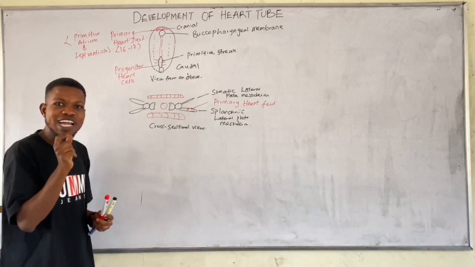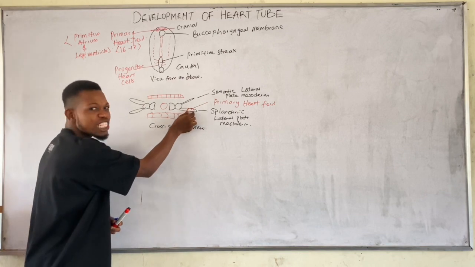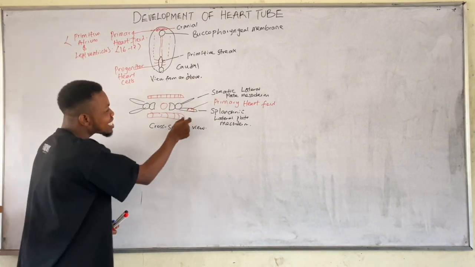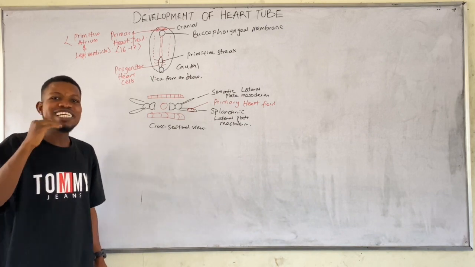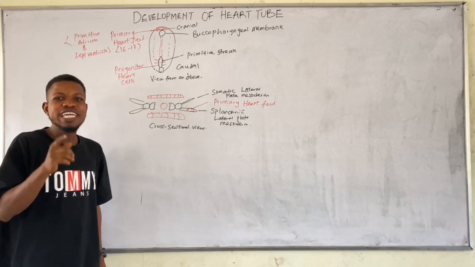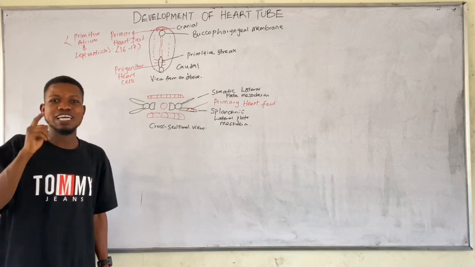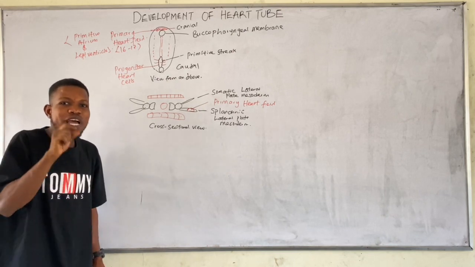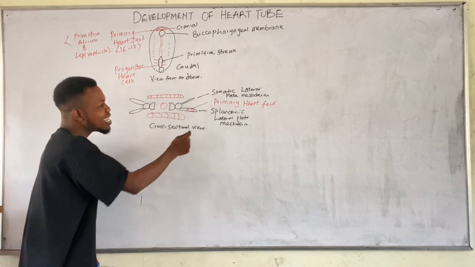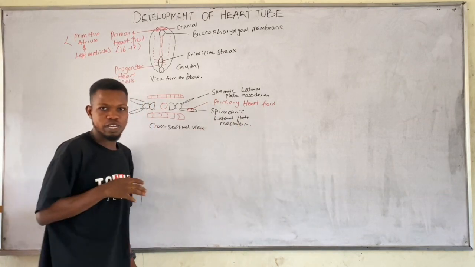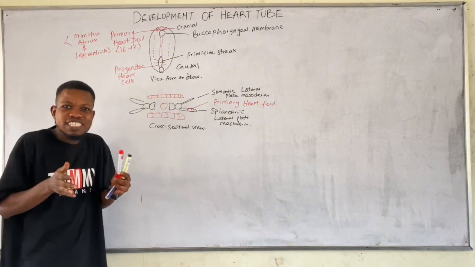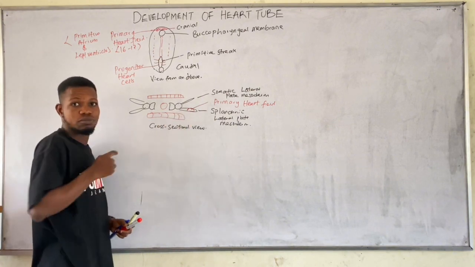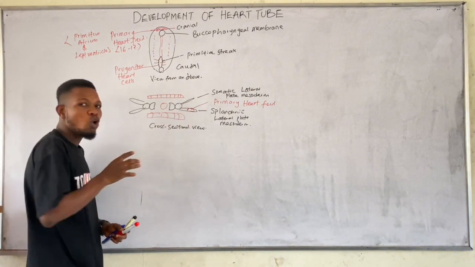So from this view, we can now detect that the primary heart field is located at the splanchnic lateral plate mesoderm. That tells you that among the three germ layers of the embryo, it is the mesoderm that gives rise to the heart. But which mesoderm, to be precise, it is the what? Splanchnic lateral plate mesoderm that gives rise to the heart, because that is the cardiogenic area. That is where the heart develops from. That is what I want you to know with this view.